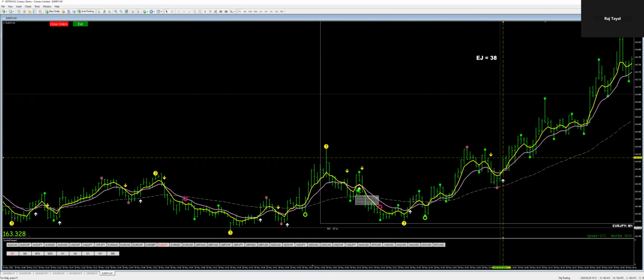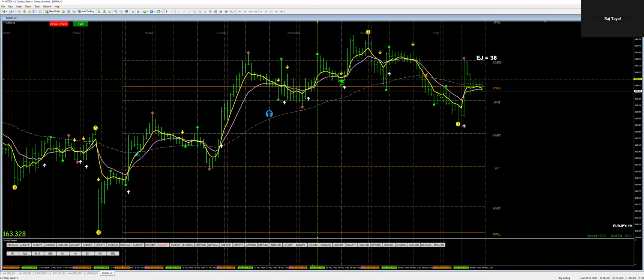This is a fresh cross, but it's a 3-ball retrace. 1 hour trade. And this is a break-even trade right here. I mean, it gives us 7 pips. All right, let's take that.